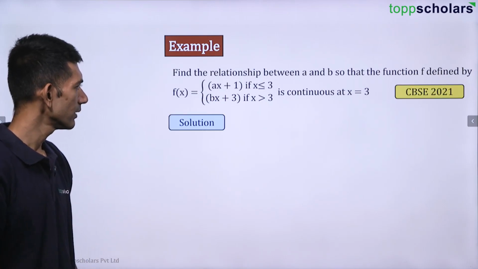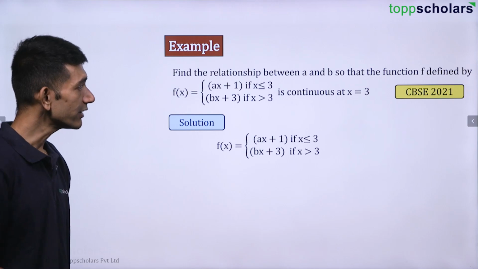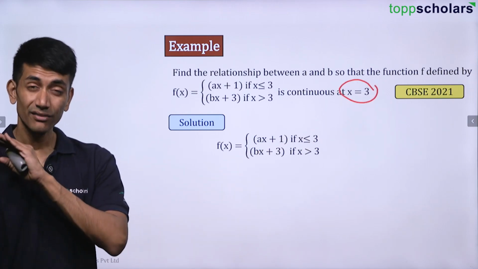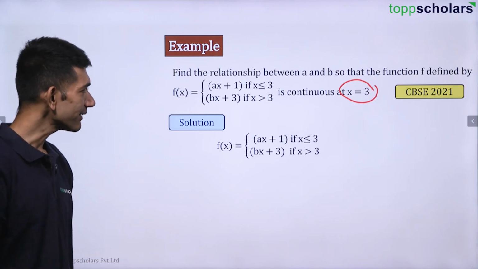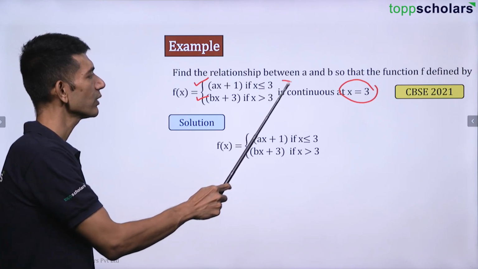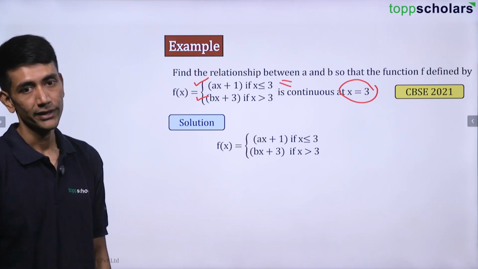Okay. Now, here it is already given that the function is continuous. Understand the question. The function is already continuous. So can I say the left hand limit and the right hand limit, both of them are already equal given? They're already equal, correct?